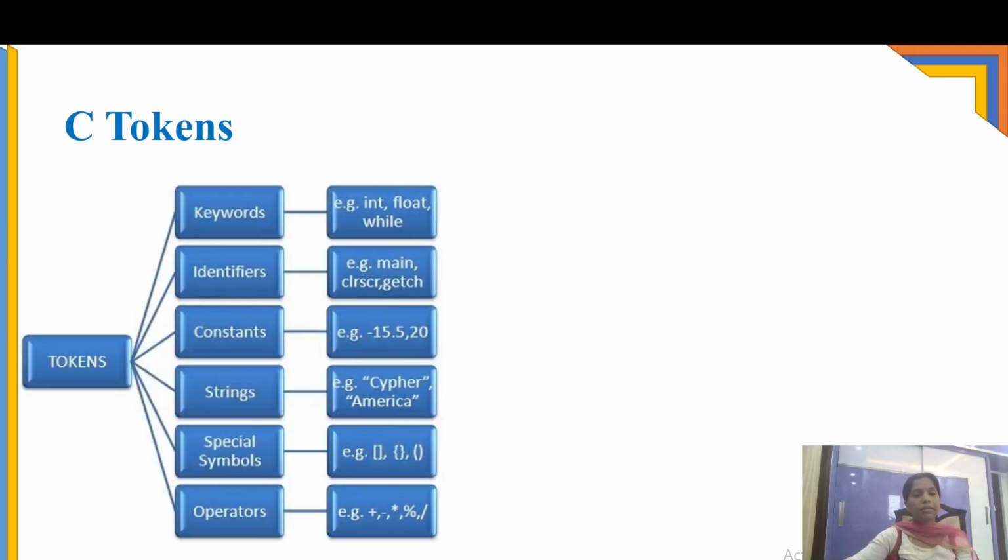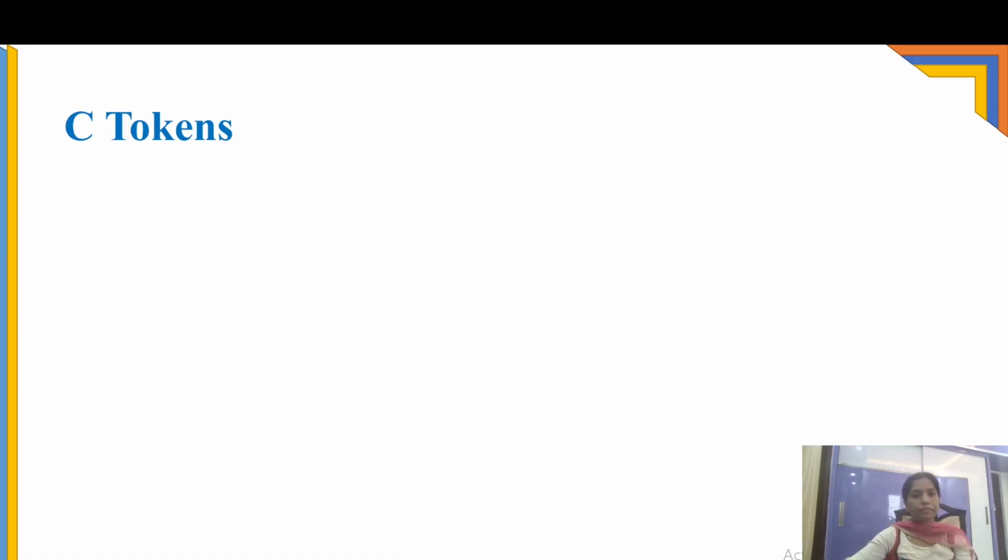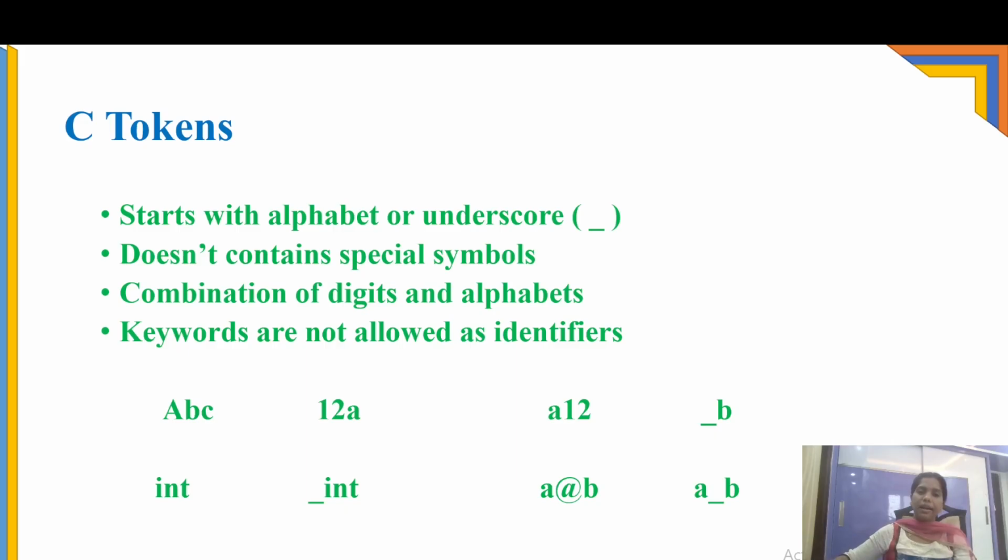So like that we have 32 keywords in C language. The next one is identifiers. We identify persons with their names, right? In the same way, in programming language or in computer terminology, everything we store in memory addresses, and we can't remember the memory address locations.